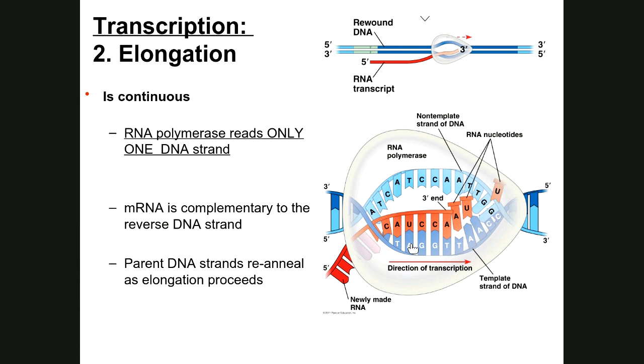Listen carefully. If you notice the figures I've shown you so far for DNA and RNA, when they show you a figure like this with more detail, notice they're only showing you the bases. But these bases are part of DNA nucleotides or RNA nucleotides.